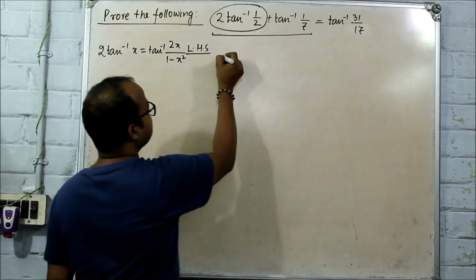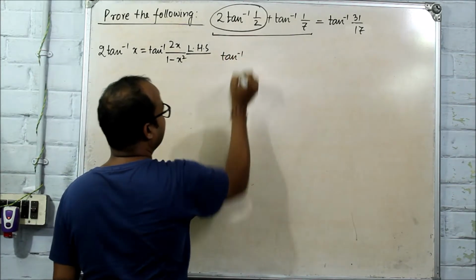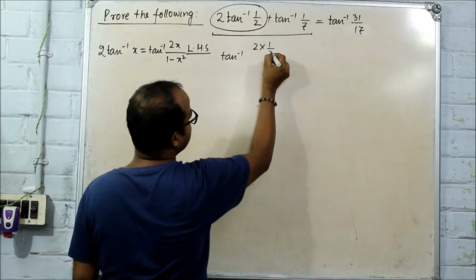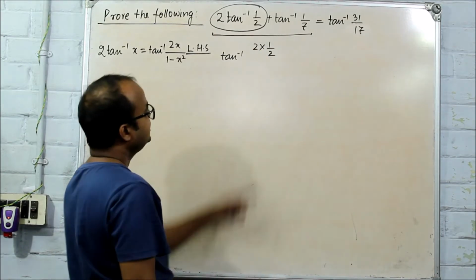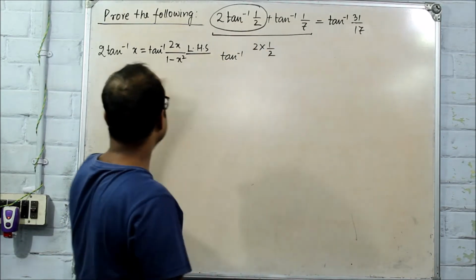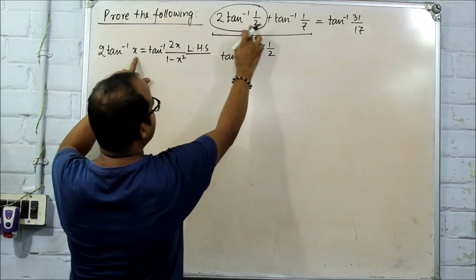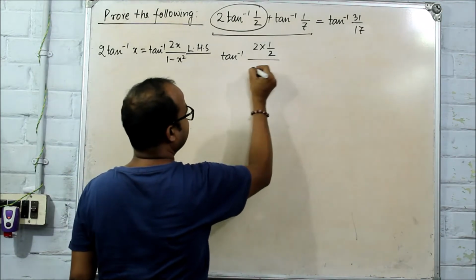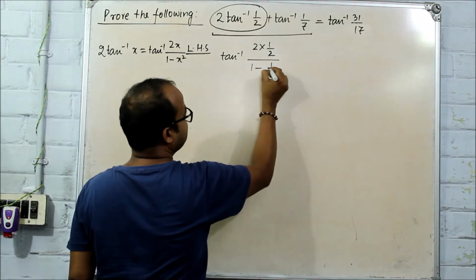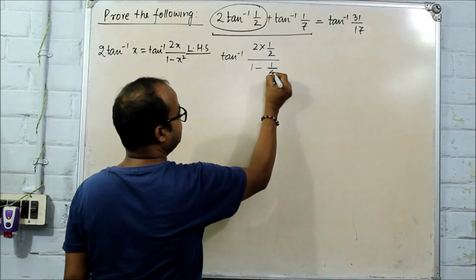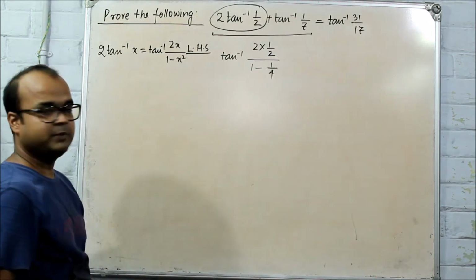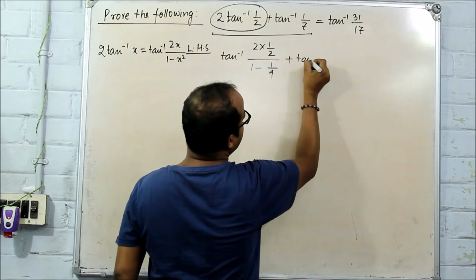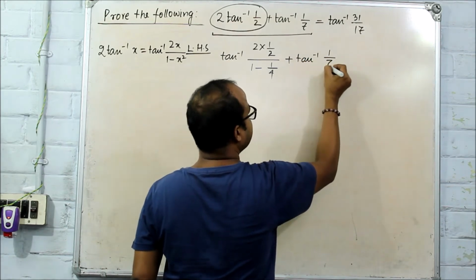Clear? So we write here tan inverse of 2 into x, where x is equal to 1 by 2. If you compare these two formulas, 2 tan inverse x, so x is equal to 1 by 2. So tan inverse of 2x by 1 minus x square, where x square is 1 by 2 square, which is equal to 1 by 4, plus tan inverse of 1 by 7.